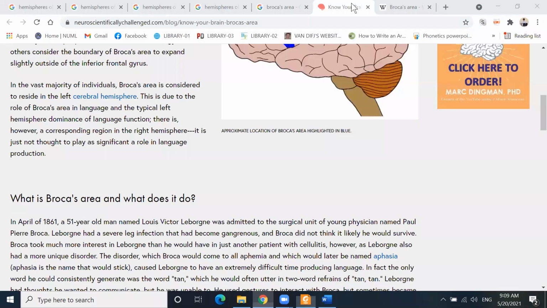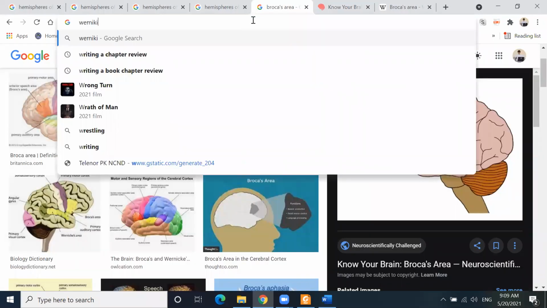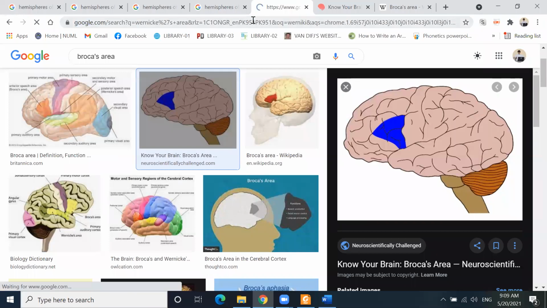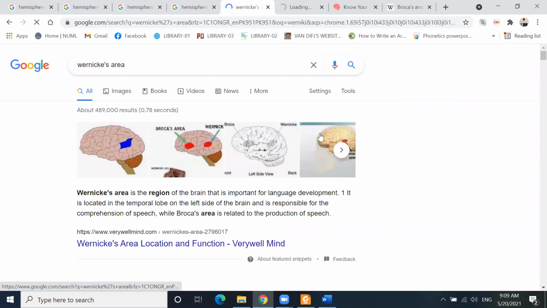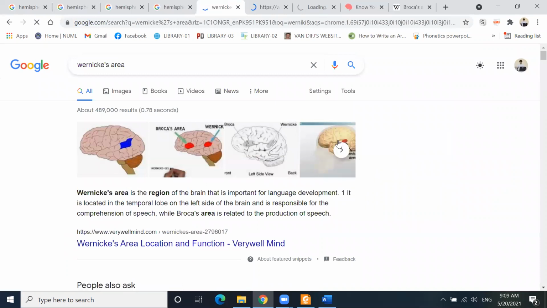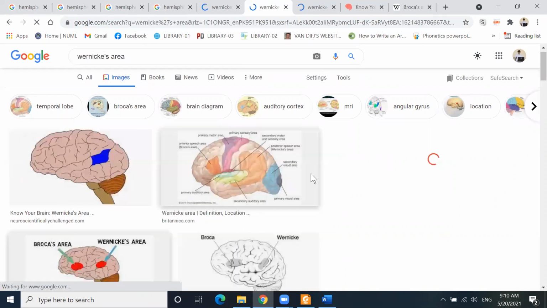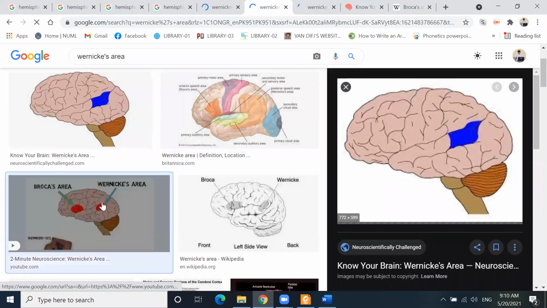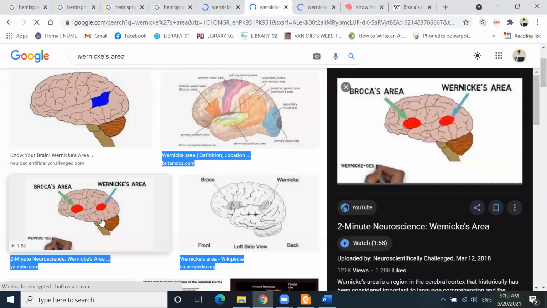Let me show you with the help of a clear picture. I hope this picture will give us a better idea, the one with both the areas of the brain present.